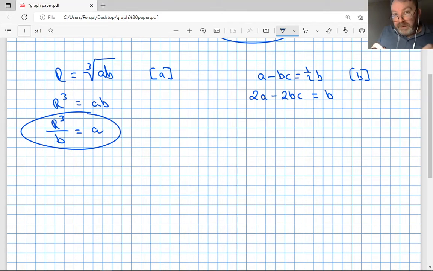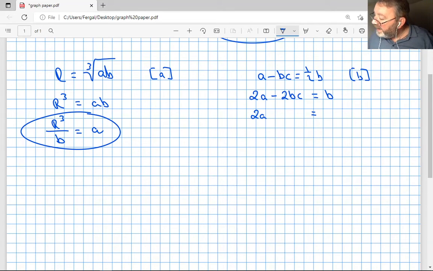Now, when the letter that you require to extract is on both sides of your equation, your job is to get it to the same side and to take it out as a common factor. Okay, so therefore 2a. Now, if I want to get rid of that minus 2bc from this side and end up with it over here, I have to add 2bc to both sides.